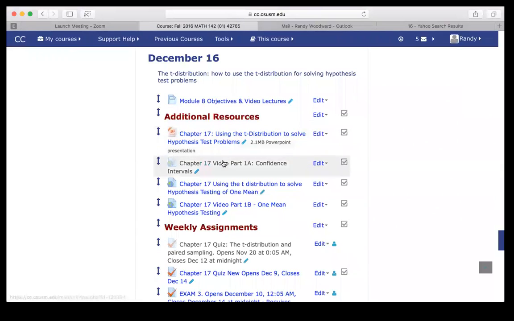So we need a video for chapter 17 on how to use the t-distribution. Then you need to learn how to use the t-distribution to solve a one mean hypothesis test, and then a two mean hypothesis test.